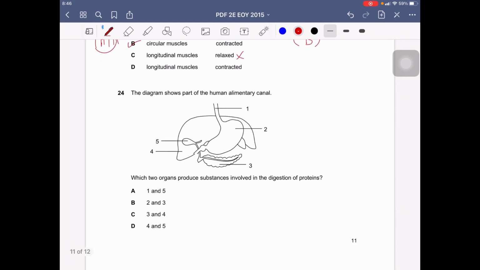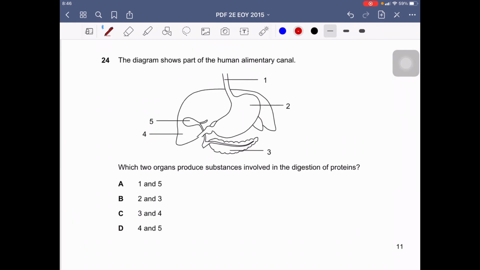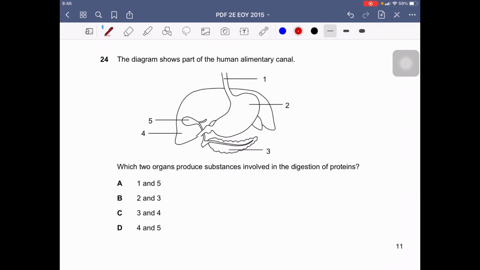Okay, question 24. Now, the diagram shows part of the human alimentary canal. Again, you have the following parts. Let's label them. You have the esophagus, like this gullet. And number 2 will be your stomach. So, what does the stomach do?